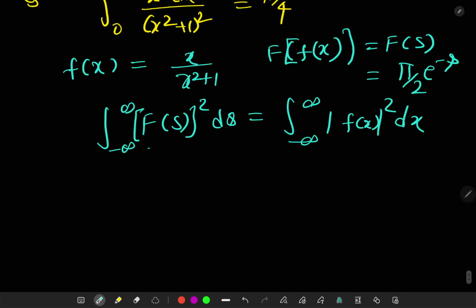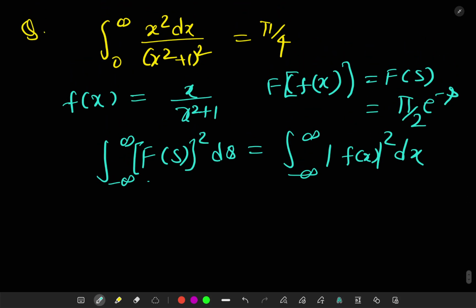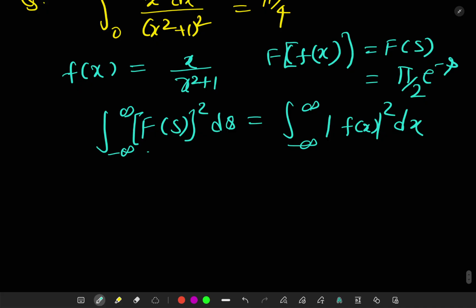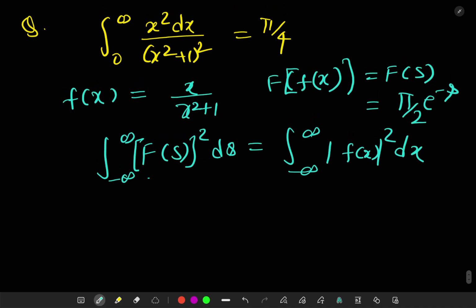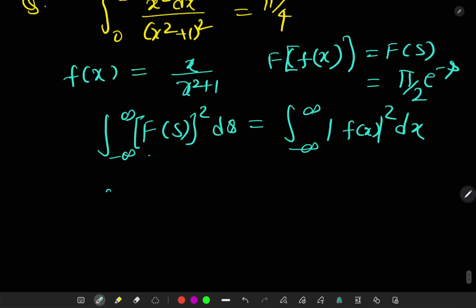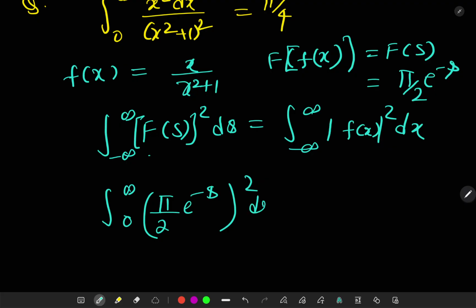Now putting this value for verifying Parseval identity, this integral. Here f of s is pi by 2 e raised to power minus s, whole square ds. Sorry, here this is also 2 by pi.